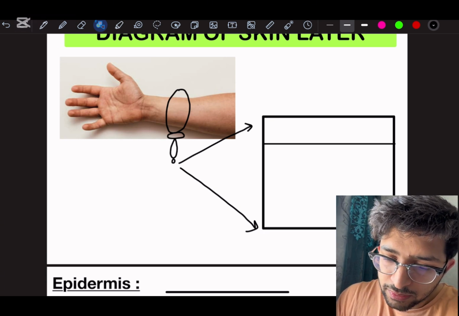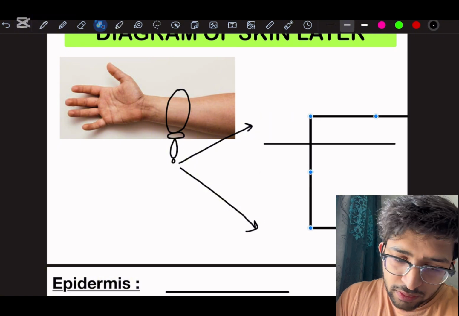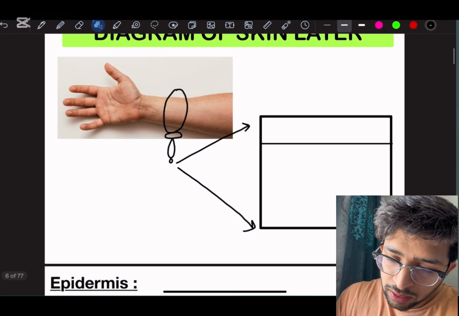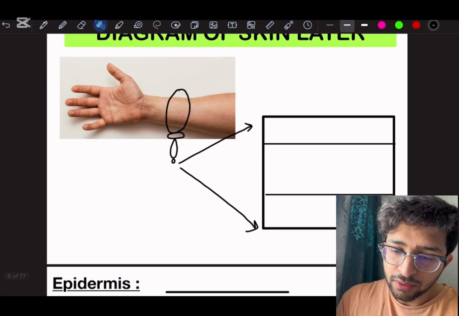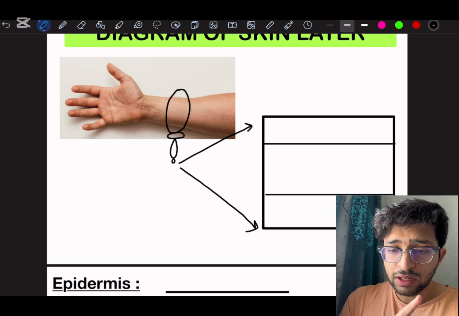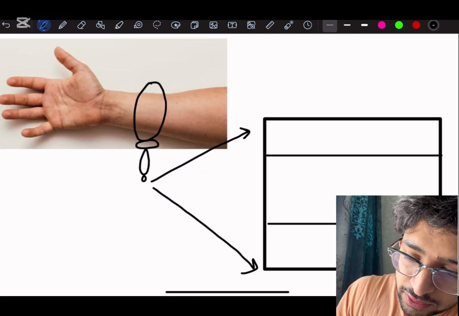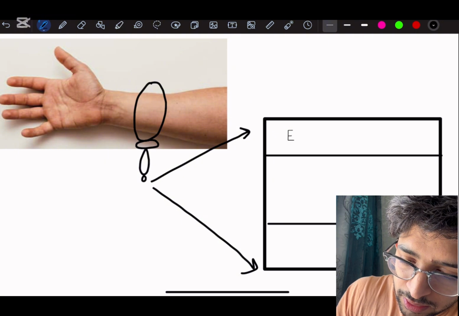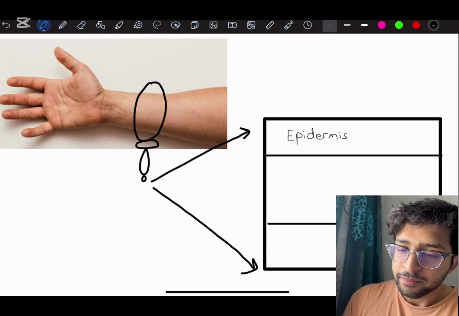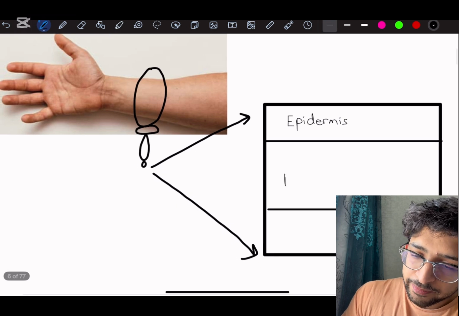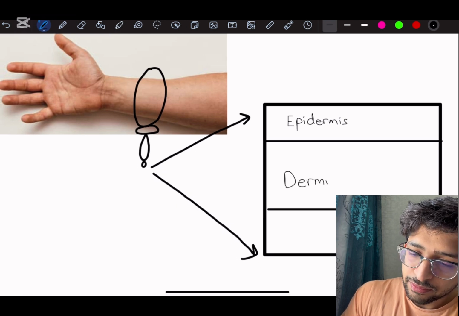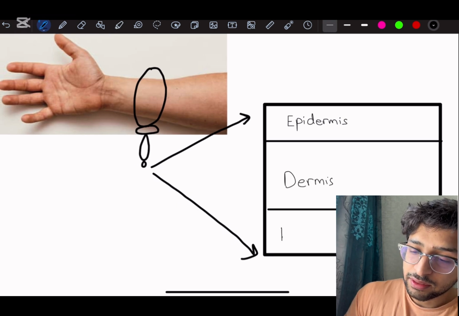This is the epidermis. This is the dermis. So the first layer of the skin, which is present over here, is the epidermis. This is the dermis layer, and this is the hypodermis.